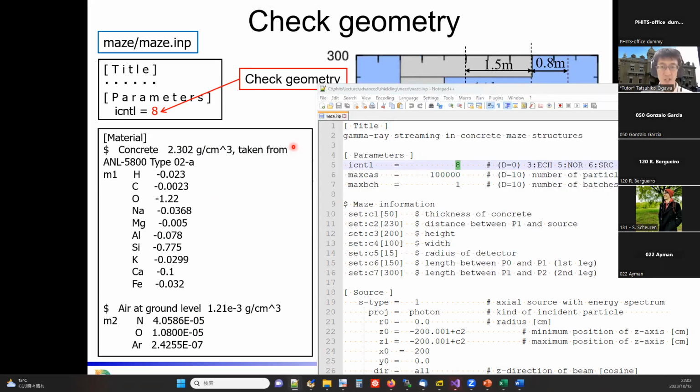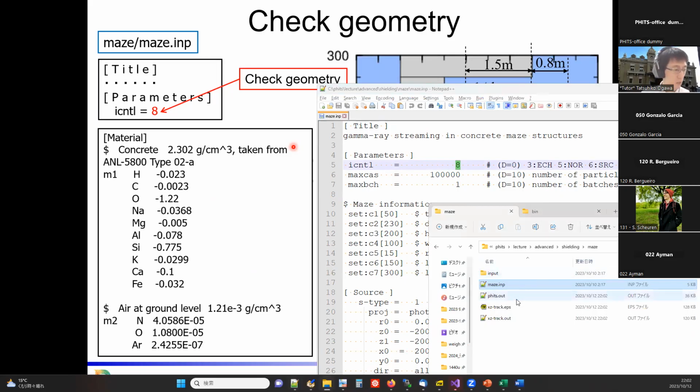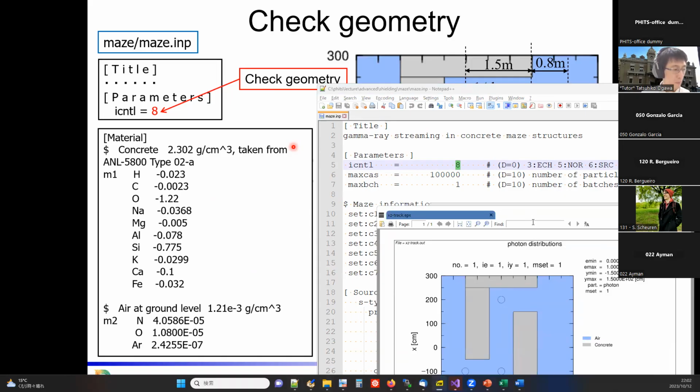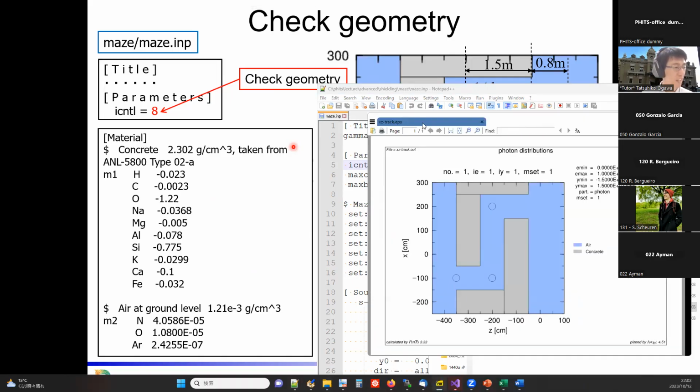You can visualize the geometry. By running this input file and opening xztrack.eps, you see the initial configuration of the geometry. It's nothing but the maze that we saw just before.